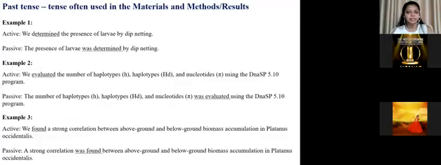Okay, let's see this. In the materials, methods and results sections we are again using the past tense. අපි මේ sections වලදී use කරන්නේ past tense. Let's see, active voice: we determined the presence of larva by dipnetting. Passive: the presence of larva was determined by dipnetting.